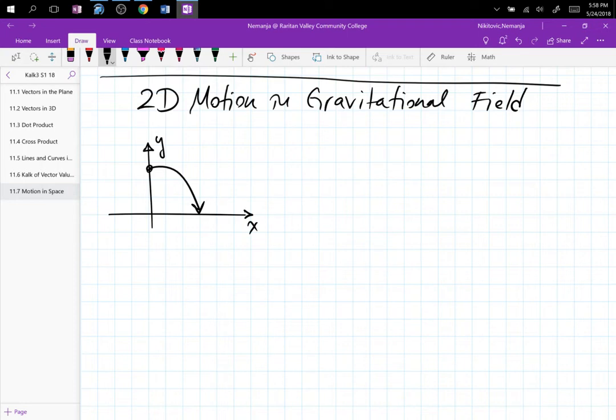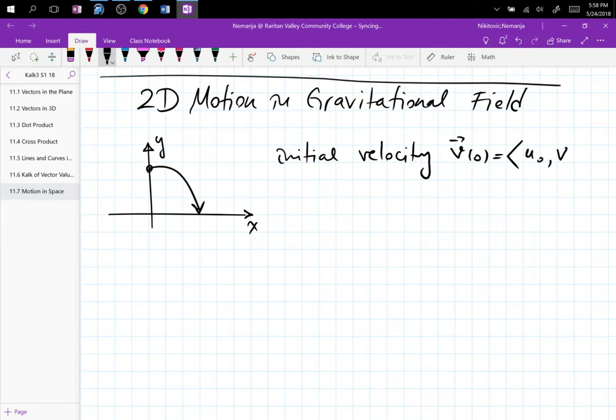The initial velocity, vector v at 0, will have two components, u0 and v0, one for x and one for y.